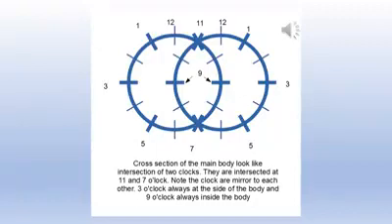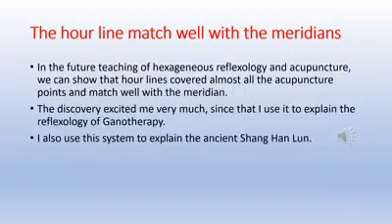Now you look. 1, 3, 5 is always outside. 7, 9, 11 is always inside. So 1, 3, 5 is the yang line, and 7, 9, 11 is the yin line. This is the basic classification of line. So when we intersect two circles, you find that the hour line meshes well with the meridian.